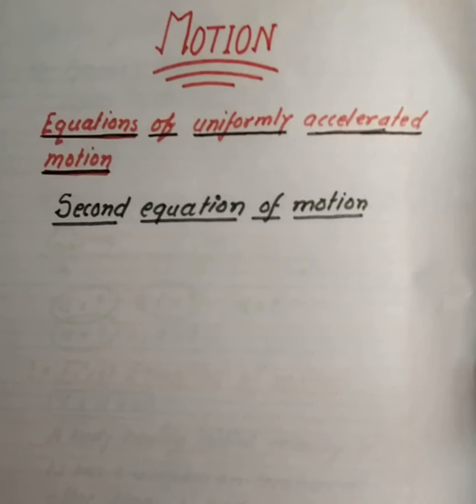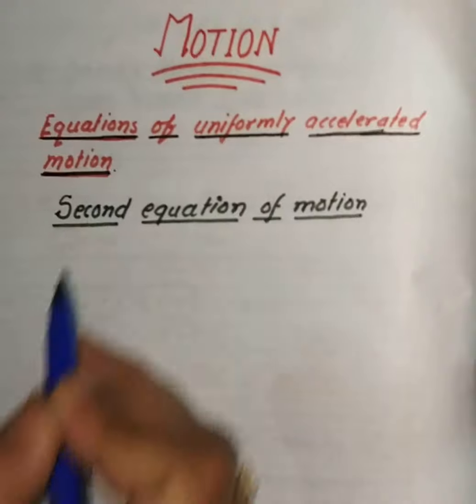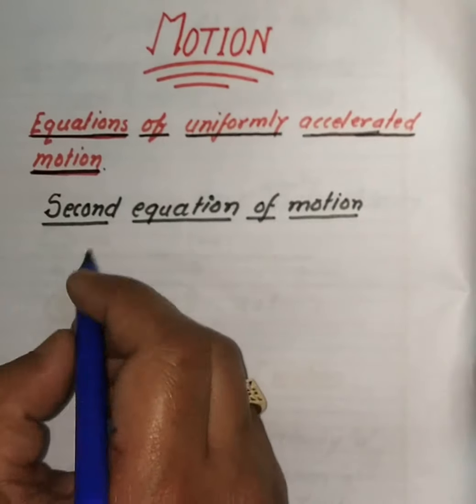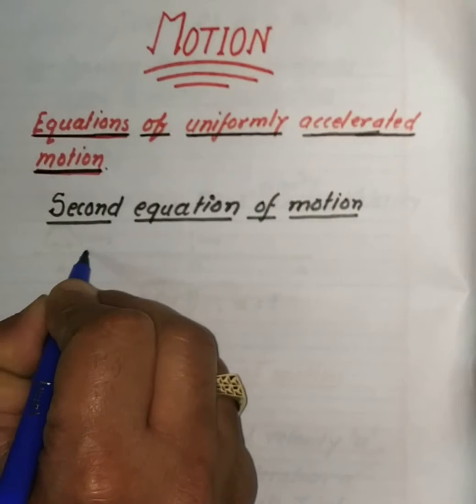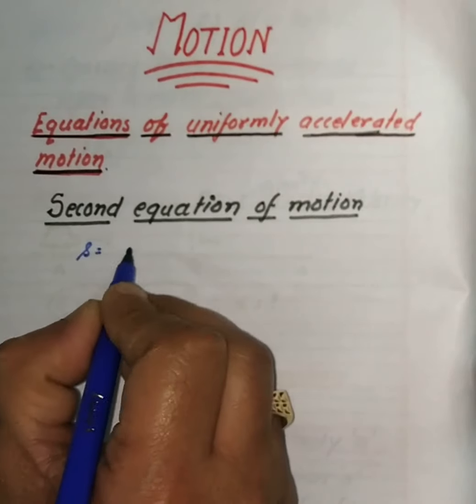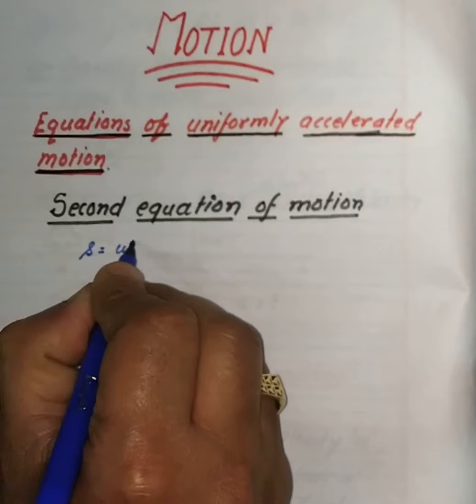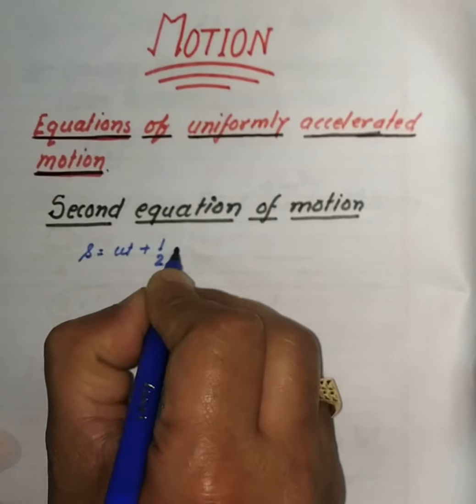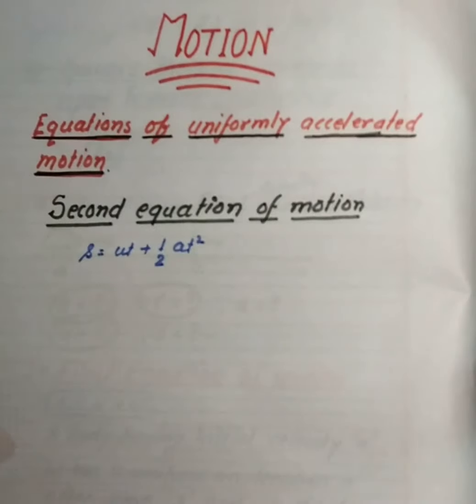Equation of uniformly accelerated motion. Second equation of motion: S equals ut plus half at square.